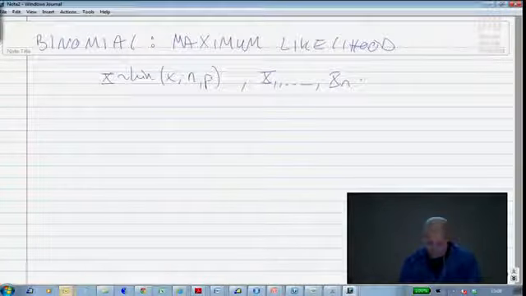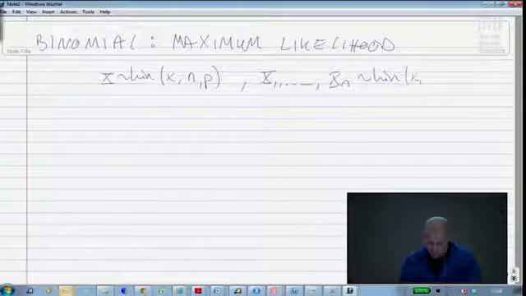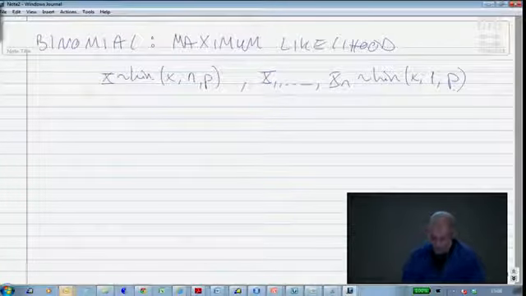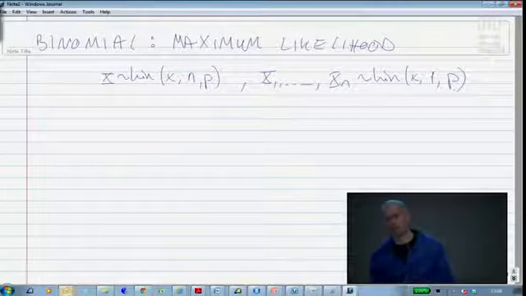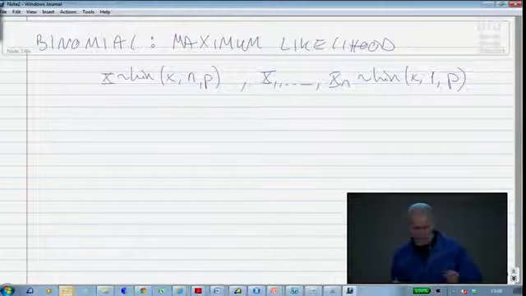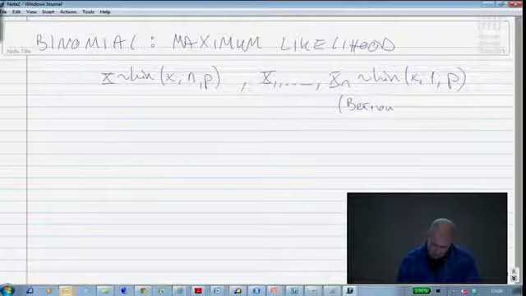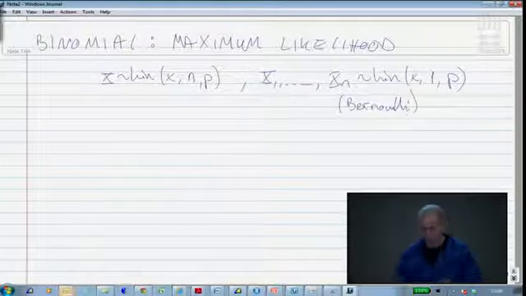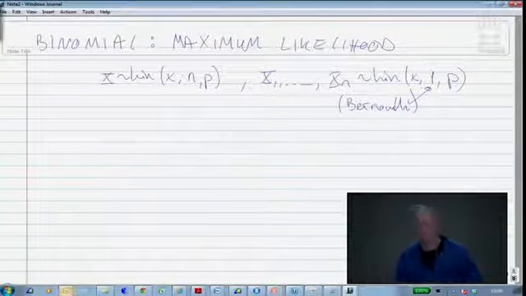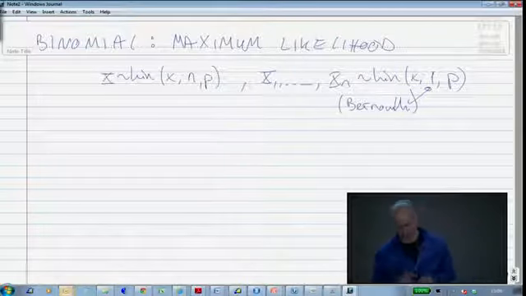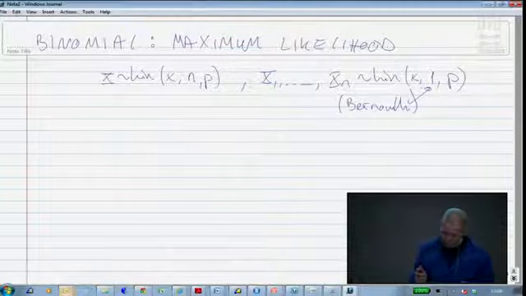So we have n of those that are independently, all of them binomially distributed with n equal to 1 and the same p. So that would be a different way of looking at it. Usually in probability theory, these are called Bernoulli variables. When the binomial n is 1, it's called a Bernoulli variable. It's still a binomial, a specific kind of binomial.